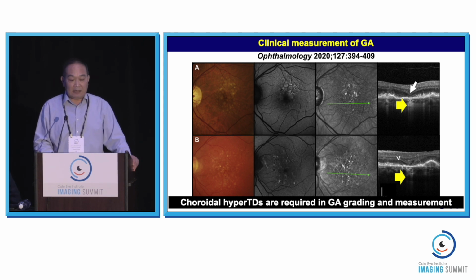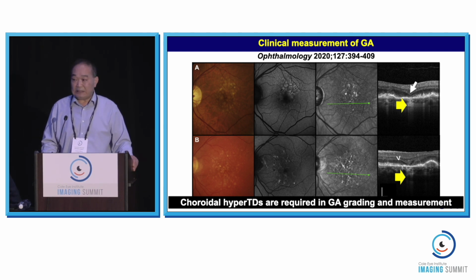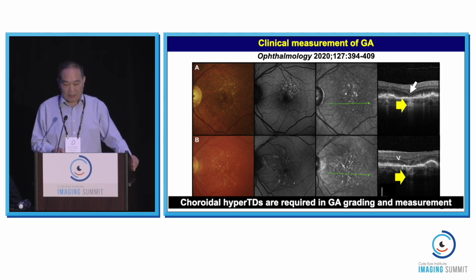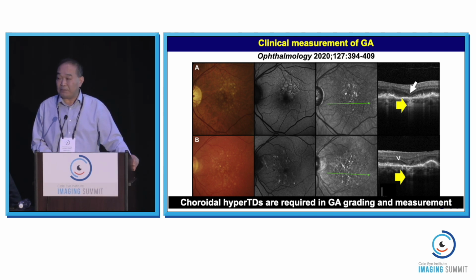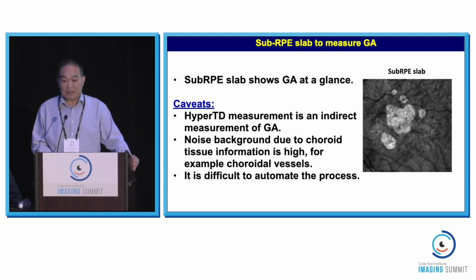And clinically, hyperTD is required to grade the GA. However, hyperTD has to be measured in 3 dimensions. Therefore, to grade the GA, you have to go through B scan by B scan, which is very time-consuming. And the best way to solve that problem is to look at the sub-RPE slab. So in this case, the GA can be seen at a glance, right?